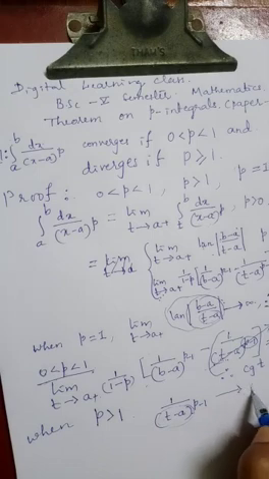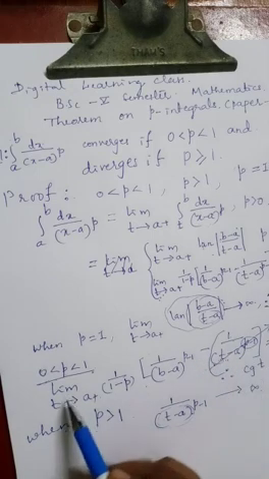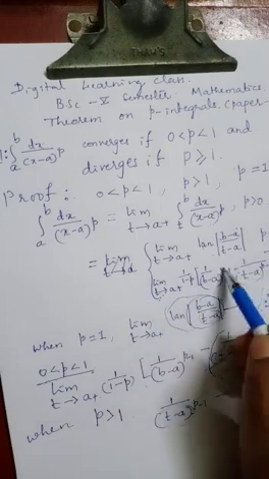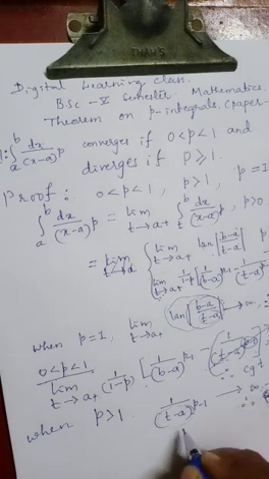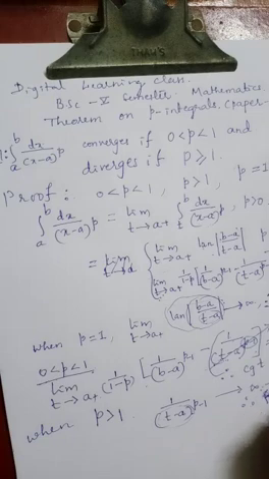So this term approaches infinity, so this limit approaches infinity. Therefore, the improper integral diverges. So, here we use the definitions of convergent improper integral and divergent improper integral.